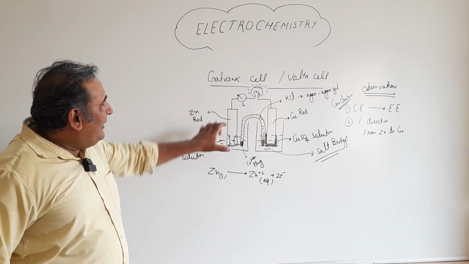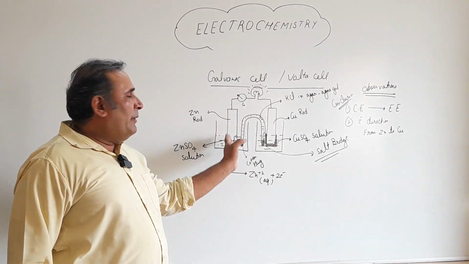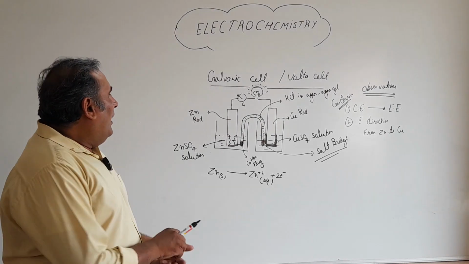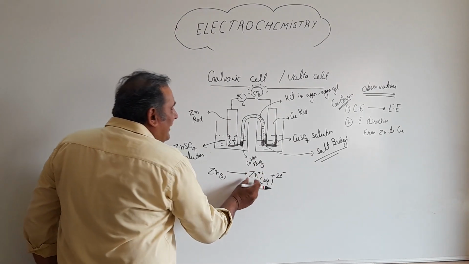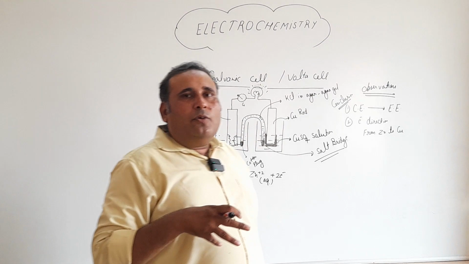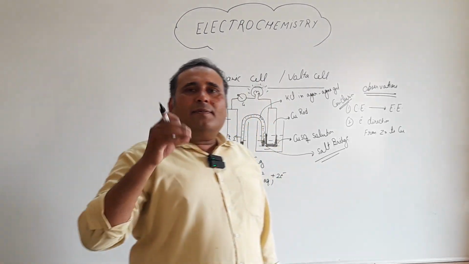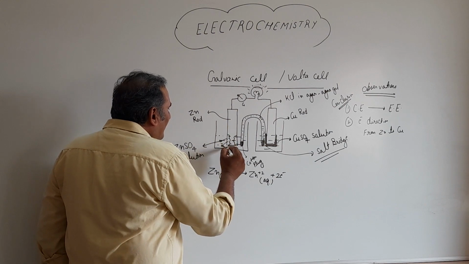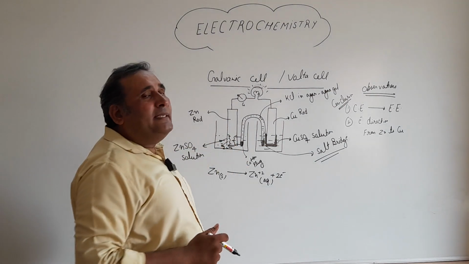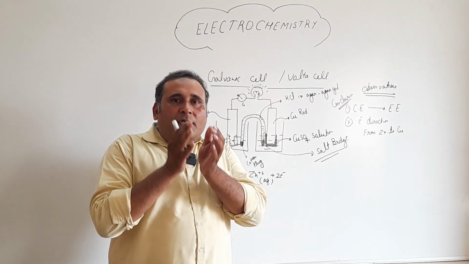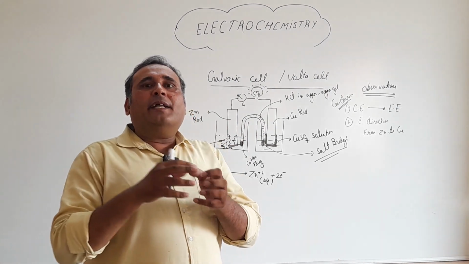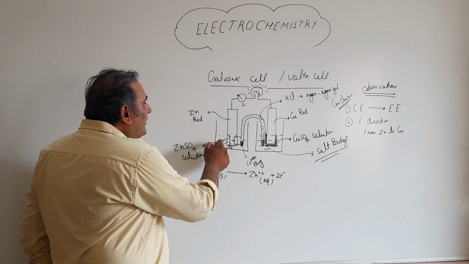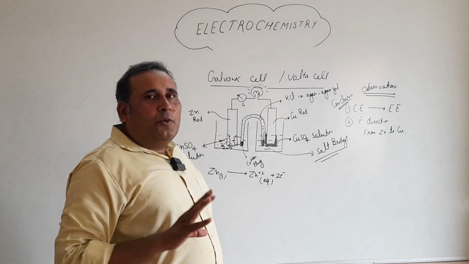These zinc ions, as soon as they form, will go into the solution. So the zinc solid gets converted into Zn2+ aqueous, and these Zn2+ ions go into the ZnSO4 solution.